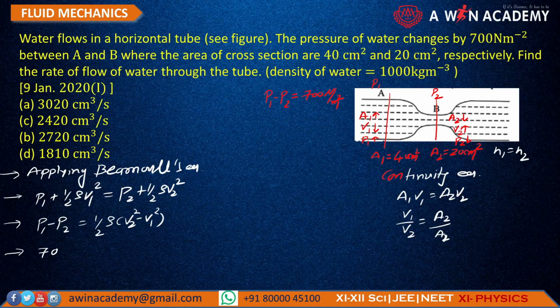तो P1 माइनस P2 हमें यहाँ दिया है 700 न्यूटन पर मीटर स्क्वायर। देखो ये रहा प्रेशर डिफरेंस, this is the 700, 1/2 rho यानी 10⁻³ and if we take common V2 square, then we get V1 square by V2 square.